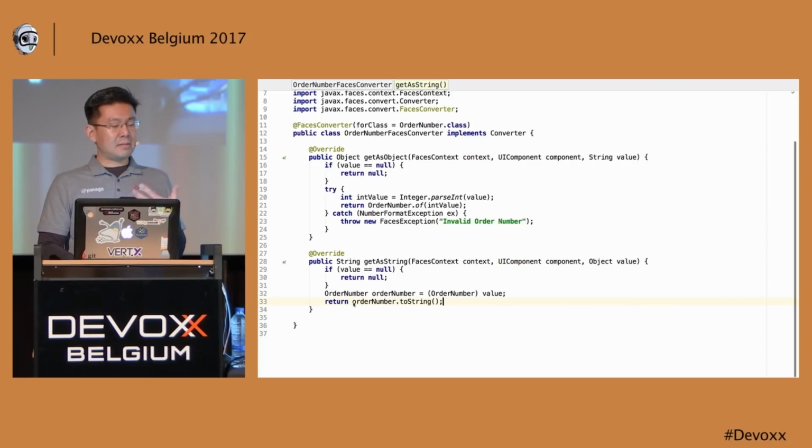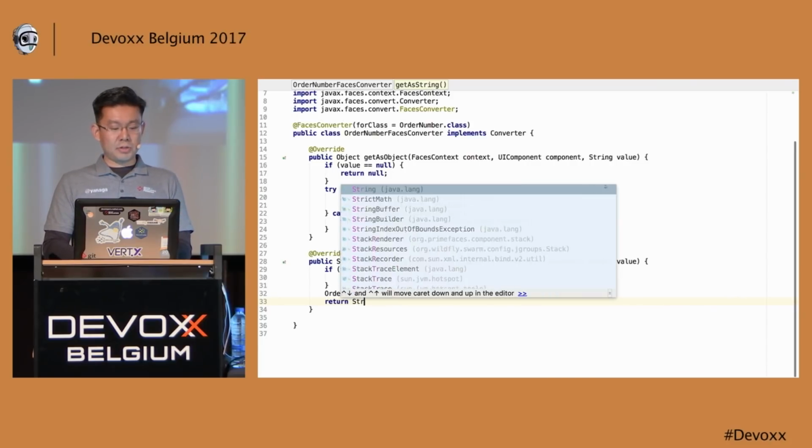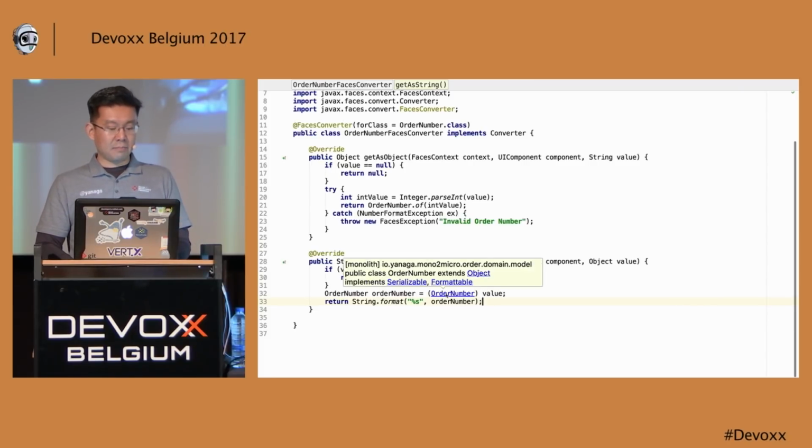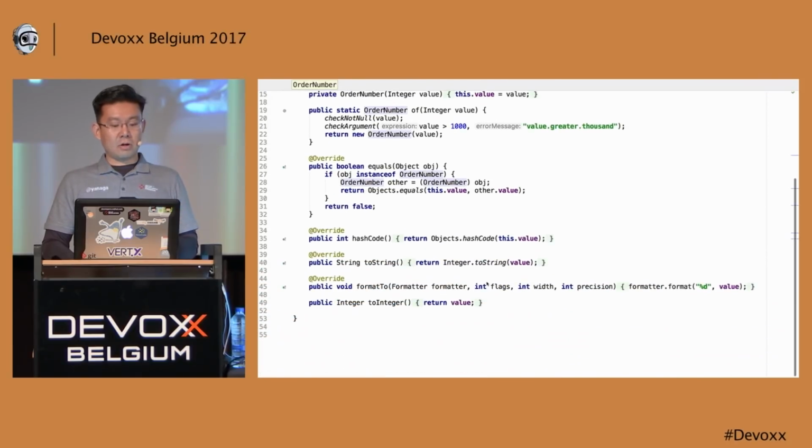If I want to format that in a different way, maybe I can use string.format. I can say that I want to format that as a string, and I want to pass the order number object for that, because whenever I use format, it's going to use a formatter. And if I'm using a formatter, the method that is going to get called is this one, formatTo, where I can apply all the internationalization and other custom formatting logic that I want.